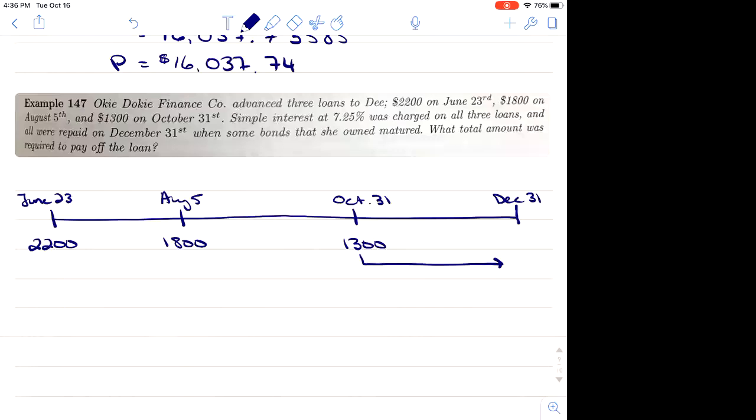I can already tell that I'm going to have 3 different future values, so I'm going to say this is future value subscript 1, for example. So future value 1. That's something I have to calculate.